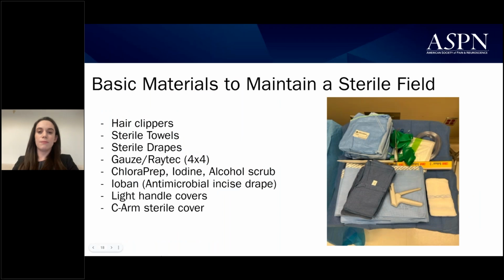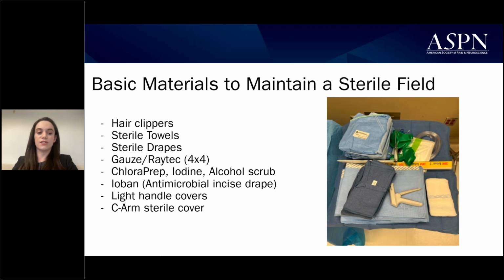So here we have the basic material to maintain a sterile field. You can see the first thing listed are hair clippers as opposed to a hair razor. It's important to note this distinction as shaving is associated with an increased risk of surgical site infection.